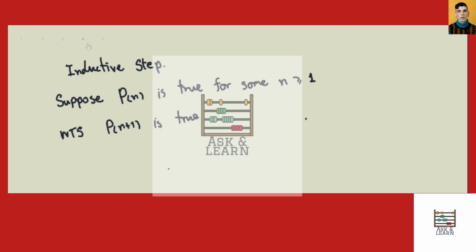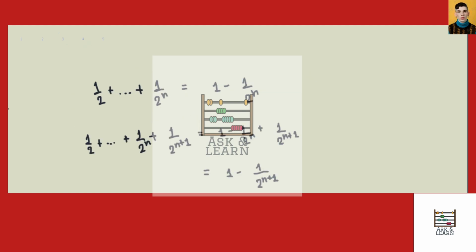And it's very simple in this case because the formula is just 1 minus 1 over 2 to the n. So we start with p of n and we add the last term we want on both sides. So the left-hand side is the sum up to, like in the case of n plus 1.